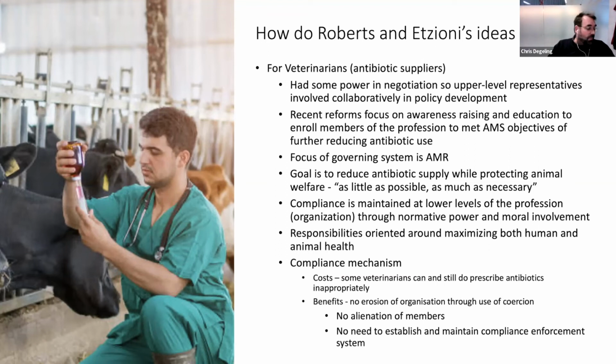They want to make people feel good about not using antibiotics when it's not necessary, and feel bad about themselves if they just start giving antibiotics without due consideration to the risks of antimicrobial resistance into the future. So the responsibilities are oriented around maximising health, both human and animal.